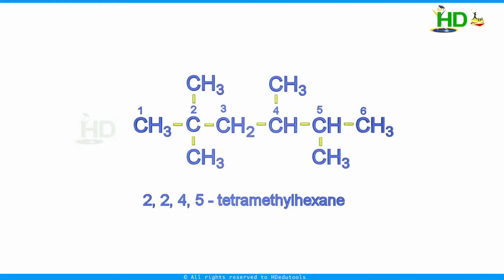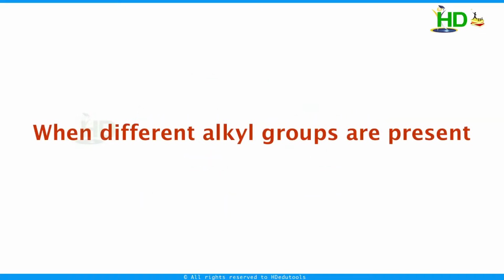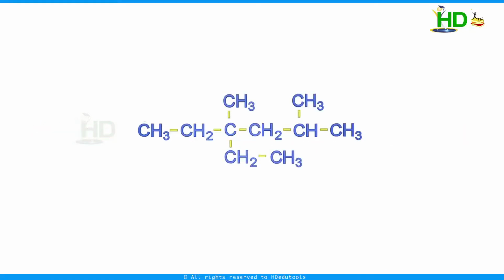Next we take another model. Now I am taking different alkyl groups that are present. Now you take this. No doubt this is the parent chain. This parent chain contains 1, 2, 3, 4, 5, 6 carbon atoms. How can we number it? From left to right or right to left? Okay, if you number from right to left, on the second position and fourth position, we are getting side chains.